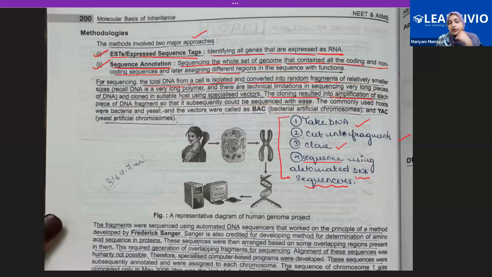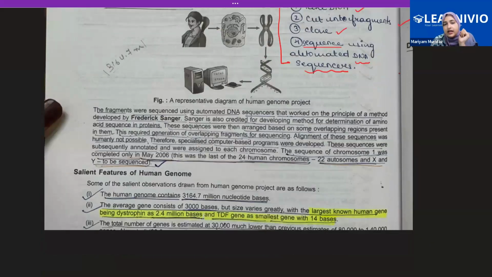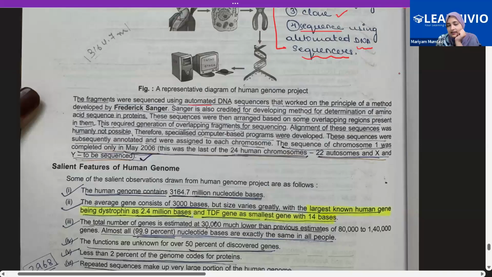And the commonly used hosts at that time were bacteria and yeast. So we call them bacterial artificial chromosome and yeast artificial chromosome. These are the chromosomes used in this whole process. After that, the fragments were sequenced using an automated DNA sequencer.